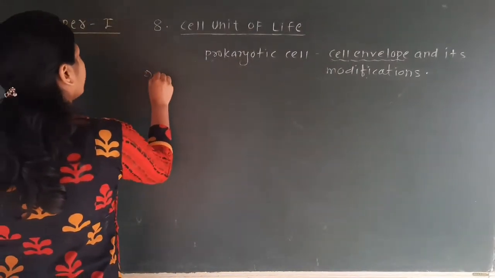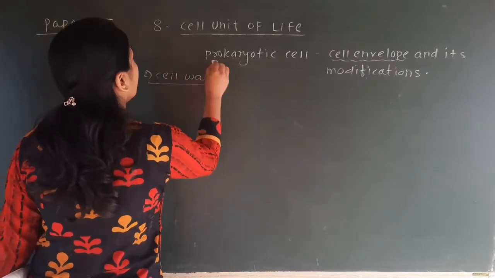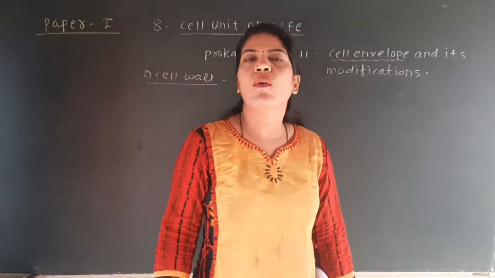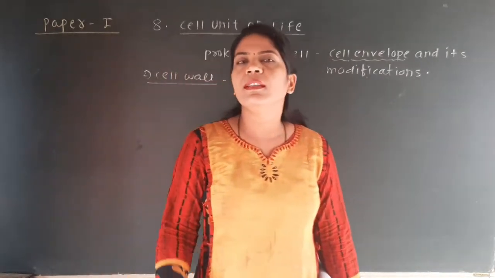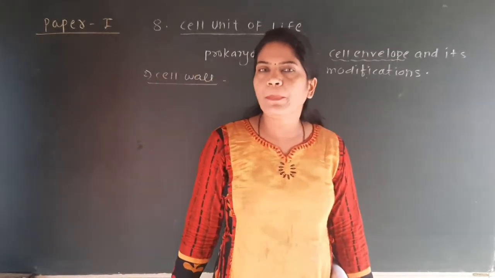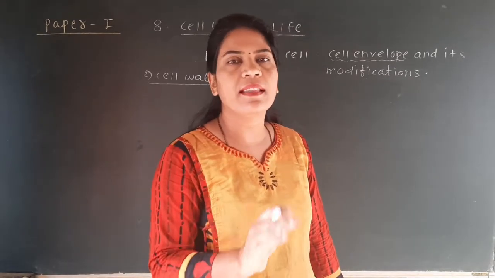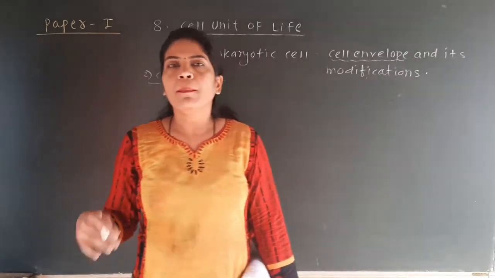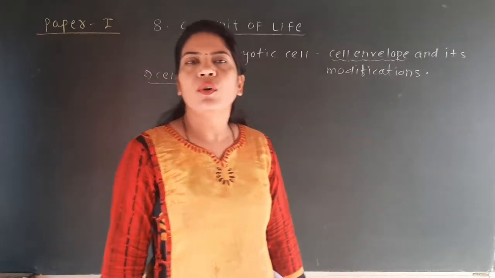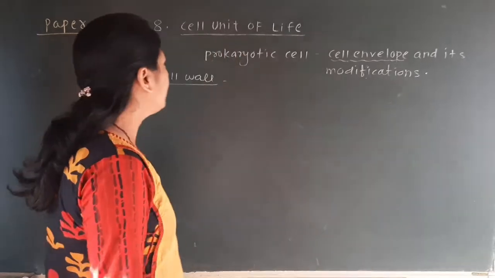In biological classification, we have already seen that the cell wall is an important constituent of the bacterial cell, as well as of the plant cell and of fungi. This cell wall is totally absent in the animal cell, and the cell wall may be present or absent in the protista group. So all Monera have the cell wall like the plant cell.